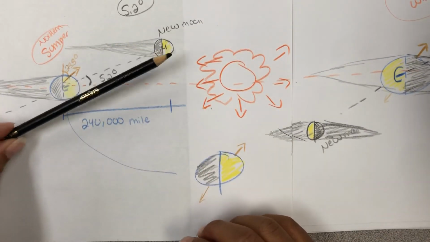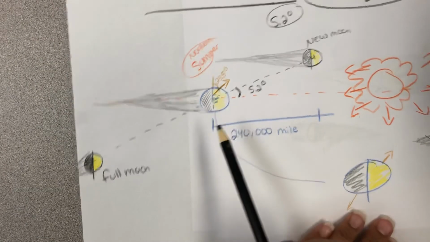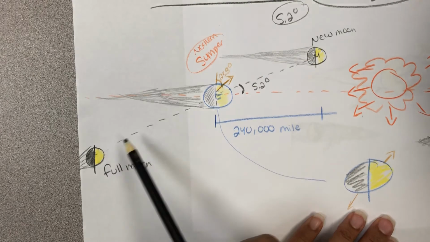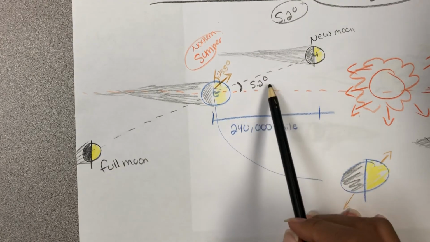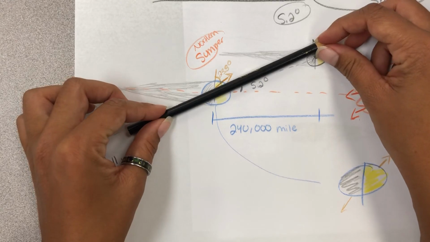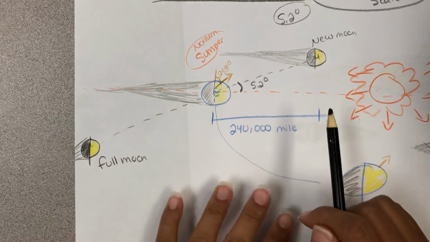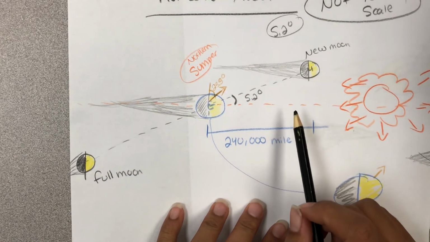The apparent path of our moon orbiting Earth does not change. This plane does not change. So because the moon has an inclined tilt to it, that is part of the reason why an eclipse is so rare.